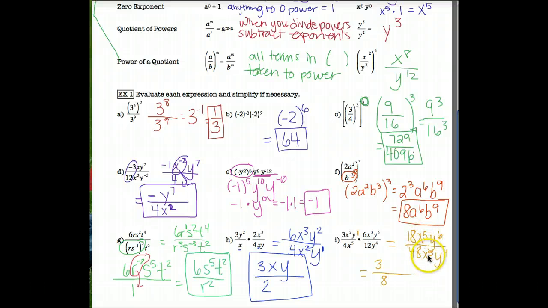So those are going to be x to the 0, which is 1. They cancel each other out. On the y's, 6 minus 4 is 2. So I've got y squared. So then nothing else to simplify there. My answer is going to end up being 3y squared over 8.